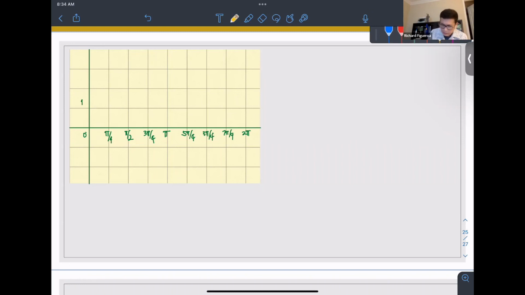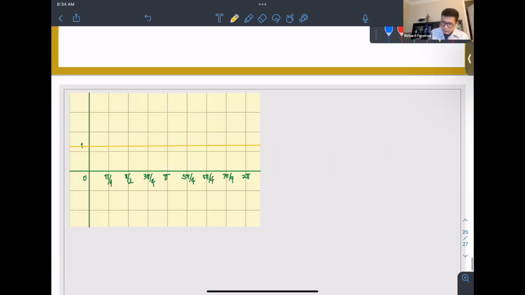Cosine 0 is 1, cosine 90 is 0. For sine, it's the other way around: sine 0 is 0, then sine 90 is 1.